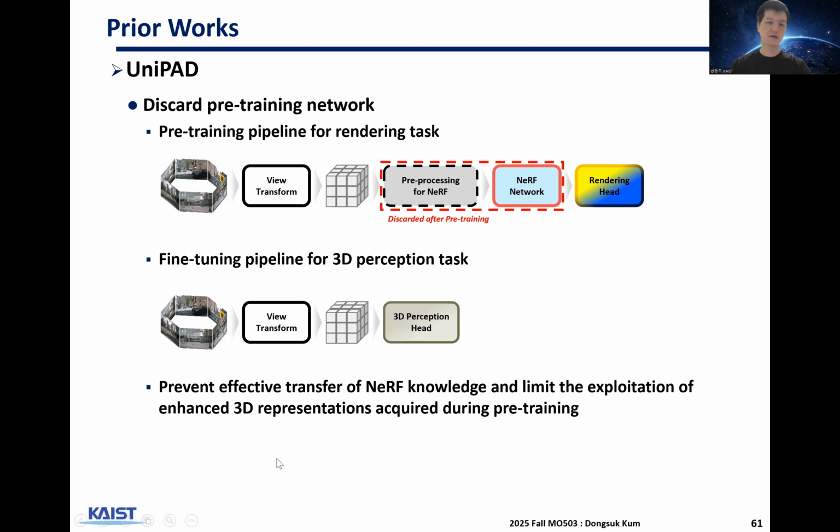And then after pre-training, after self-supervised learning, we can apply fine-tuning for downstream tasks, such as mapping, 3D object detection, 3D occupancy, right? So we add that kind of head, a 3D perception head, and fine-tune.